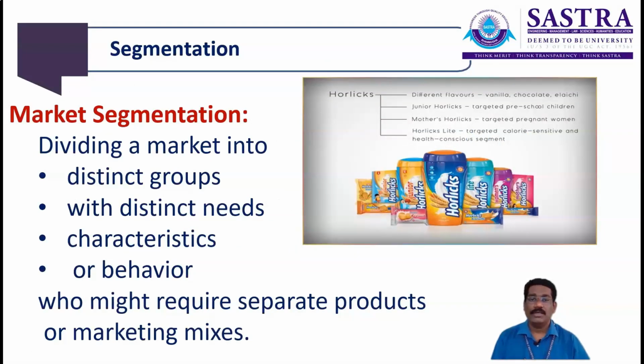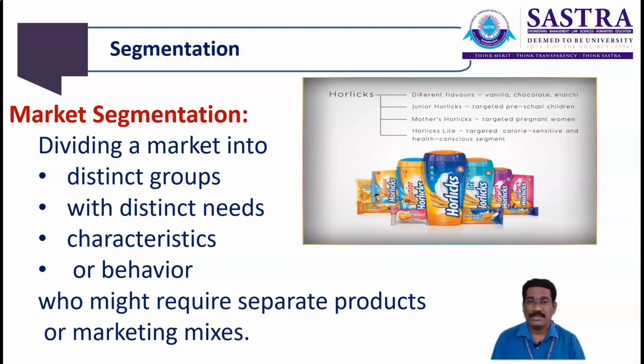Now let me explain the concept of segmentation. Market segmentation is all about dividing the market into distinct groups with distinct needs, correct? They also analyze that the consumers in a group have specific characteristics and exhibit similar behavior.